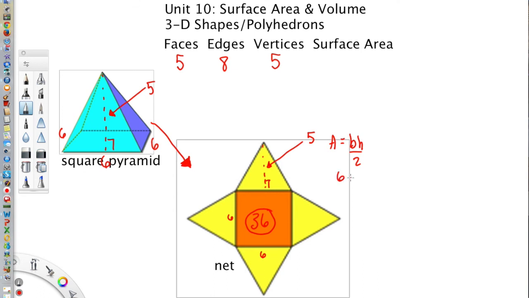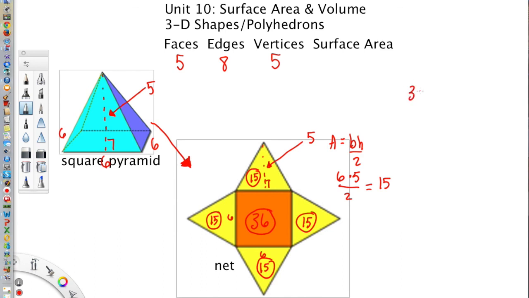Our base is 6, our height is 5, 6 times 5 is 30, divided by 2 is 15. So each of these triangular faces will be 15 square units. And see, that's surface area. We're just totaling up all of the faces, all the surfaces of our 3D shape, of our polyhedron.